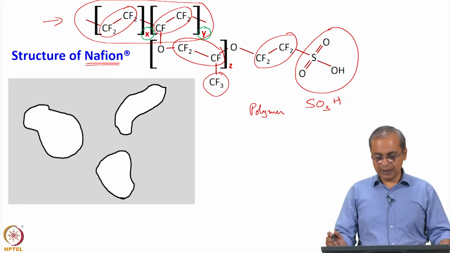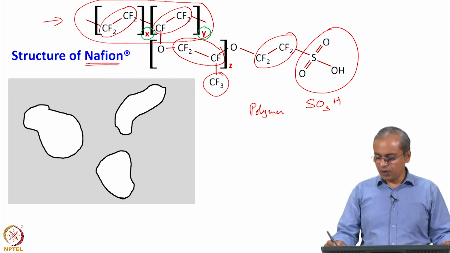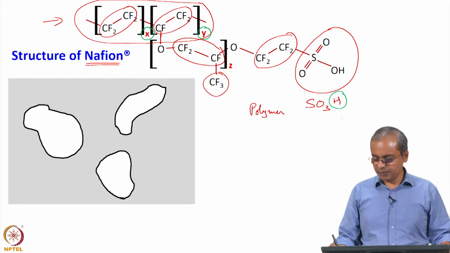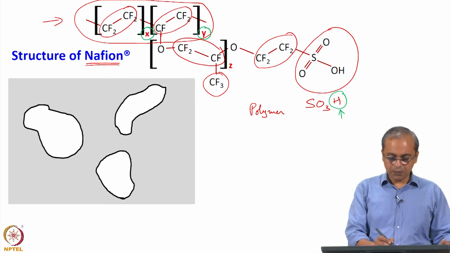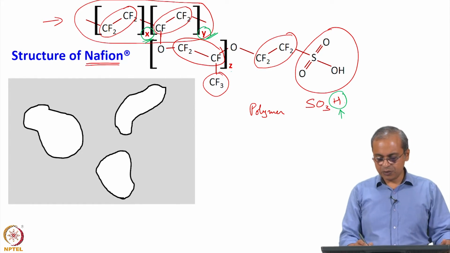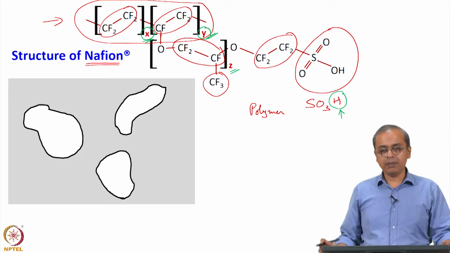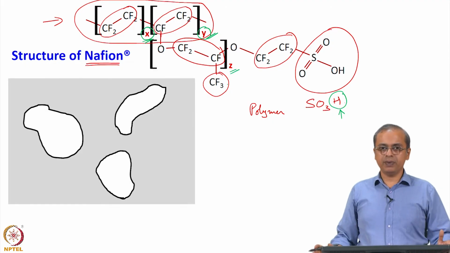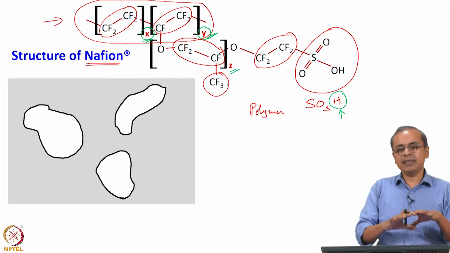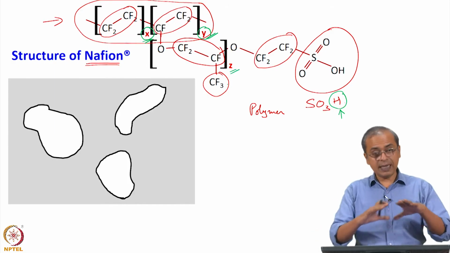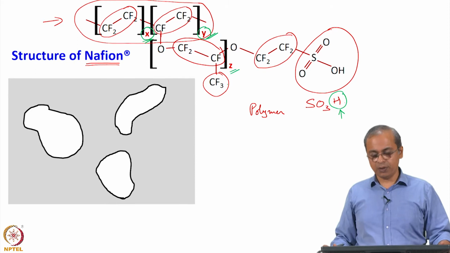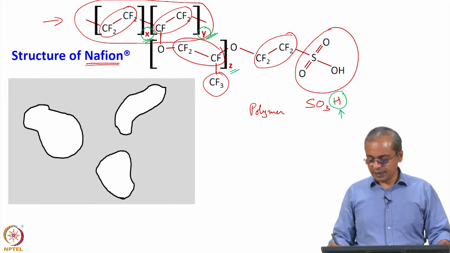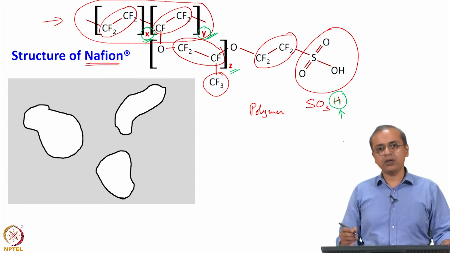So, for every proton, you can see for this entire formula that is out here you have one H that is present here, right. So, based on the value of the small x, the small y and the z that you use here, you can come up with one particular version of this polymer where you can then get the weight of the entire polymer, all the atoms that are present in that polymer for every H that is present there. Okay. So, that is then your equivalent weight.